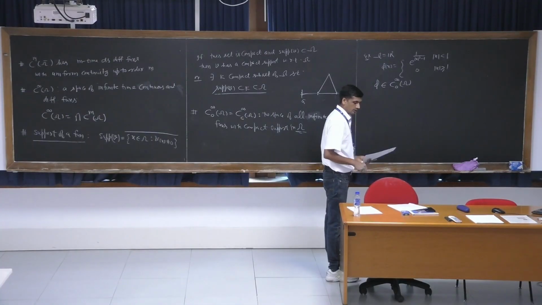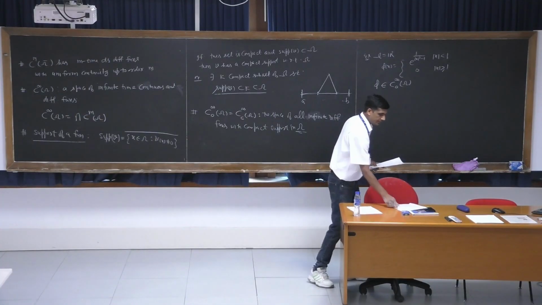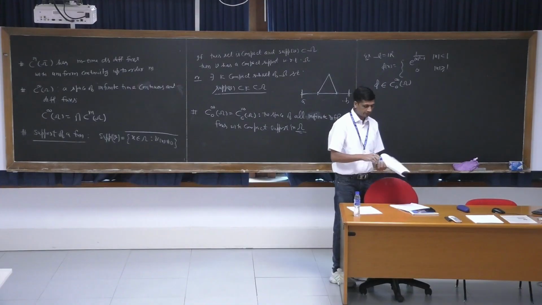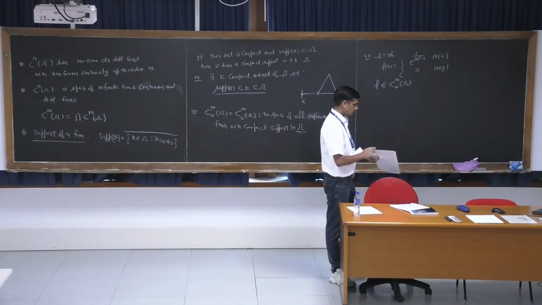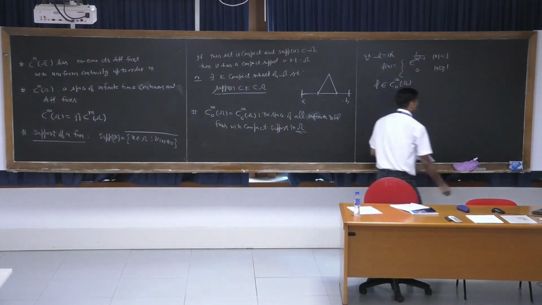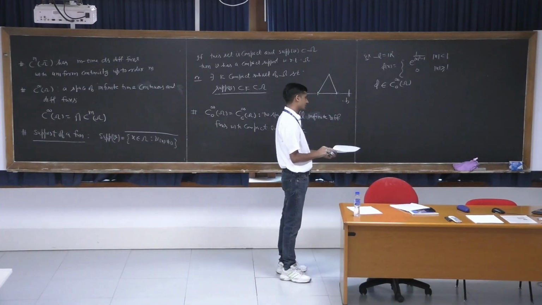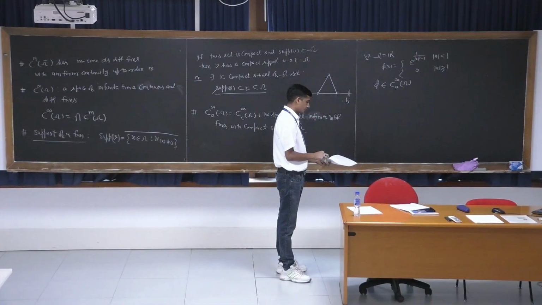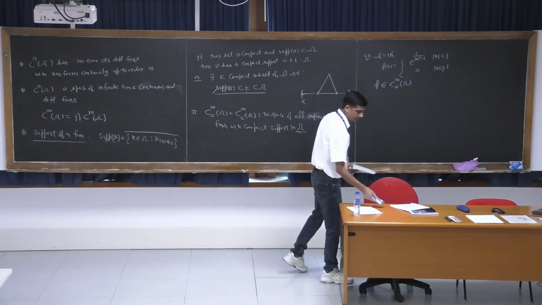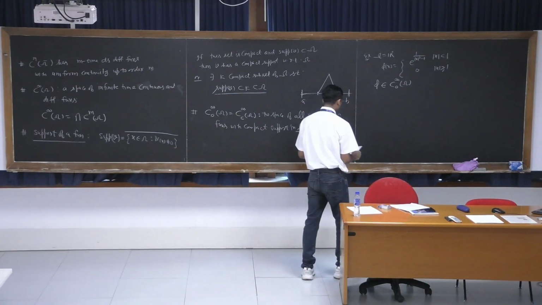So this is the C0 infinity function. Now come to one more definition, then we will move to what the distribution is and how to define the distribution derivative.